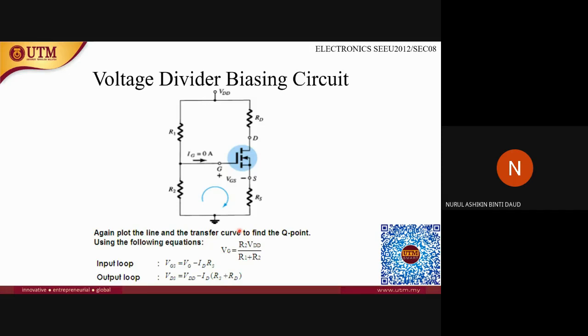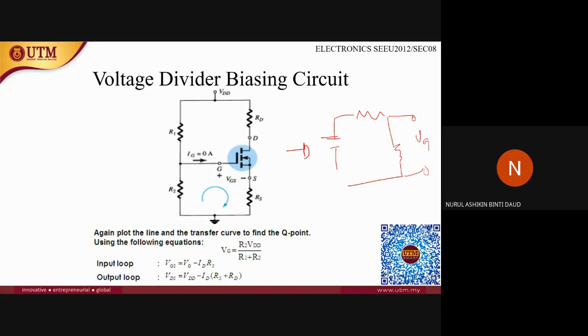You can redraw this circuit again. It will be like this: VDD, then this is R1, and then this is R2, and this is VG.